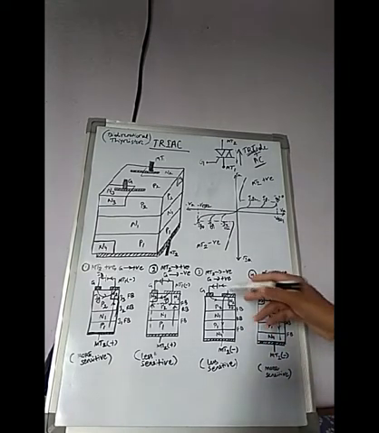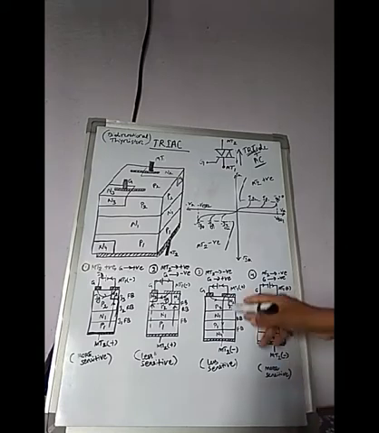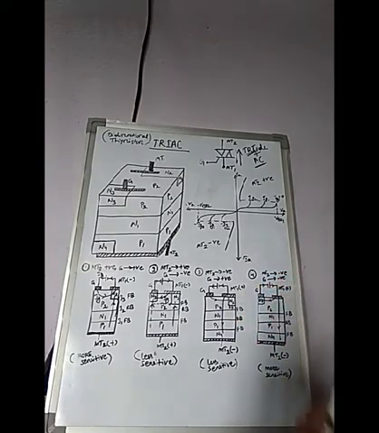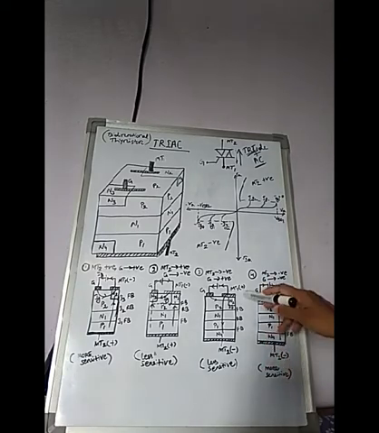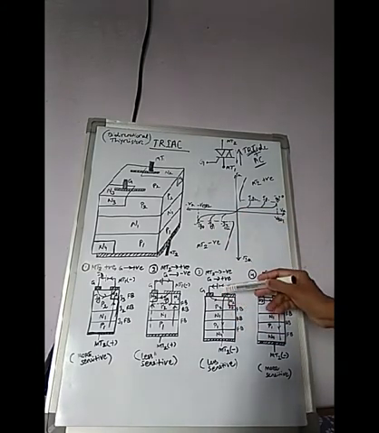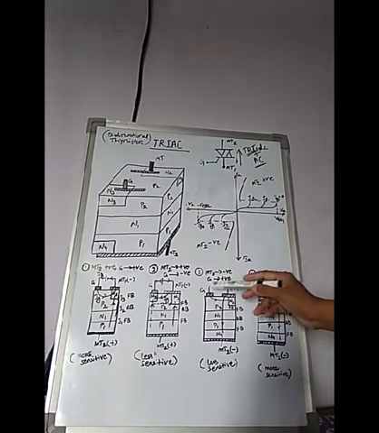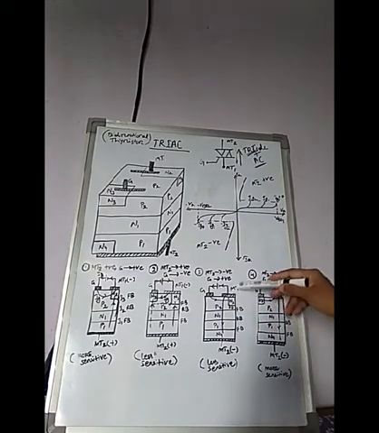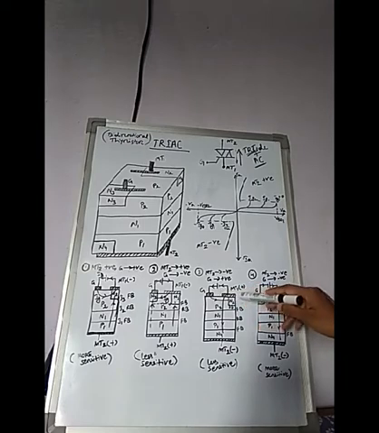So when gate current Ig forward biases the P2 N2 junction, after I give voltage across MT2 and MT1, that means MT2 negative with respect to MT1, and I give a positive gate signal, the direction of gate current is through this arrow mark. The direction of gate current is through the P2 N2 junction, because gate is positive with respect to MT1.